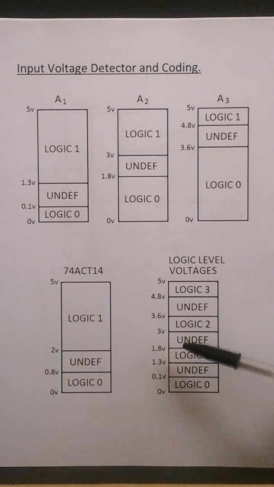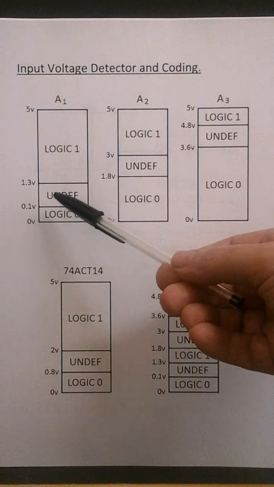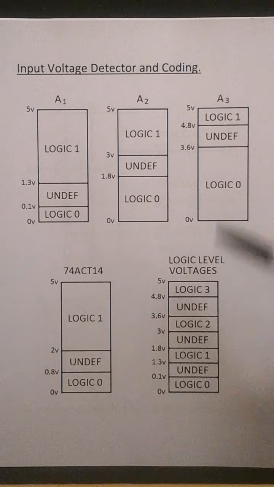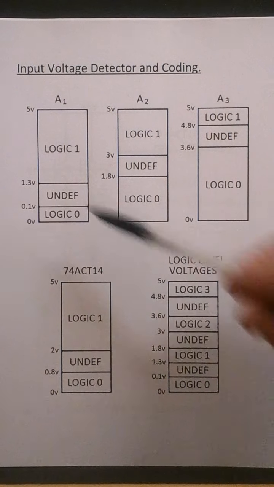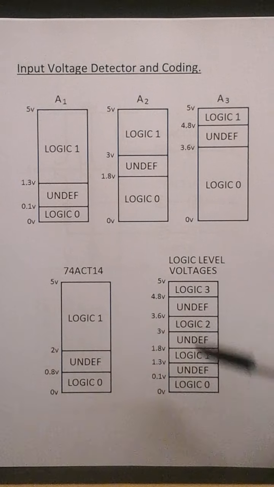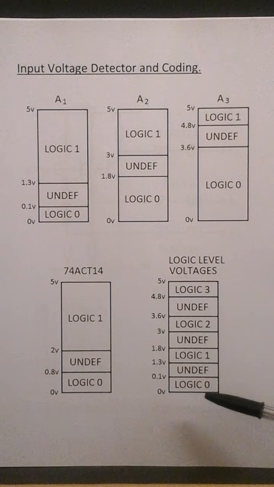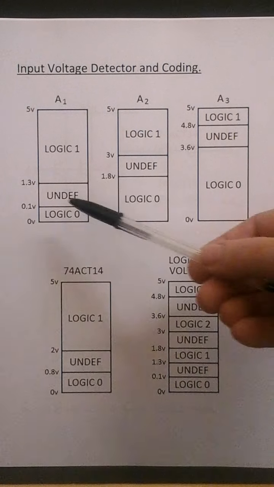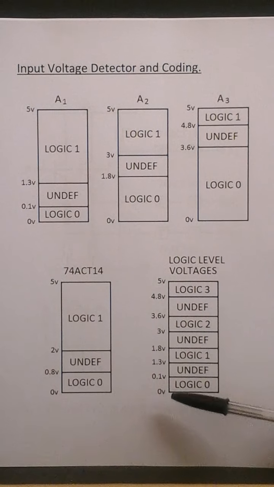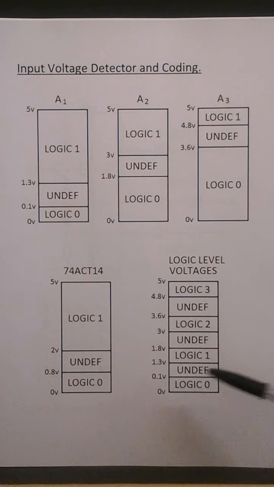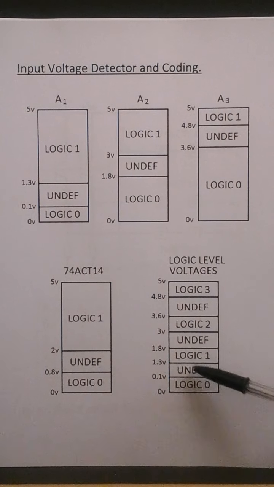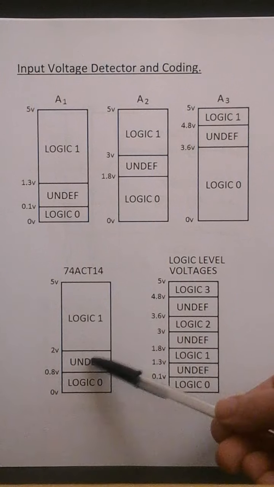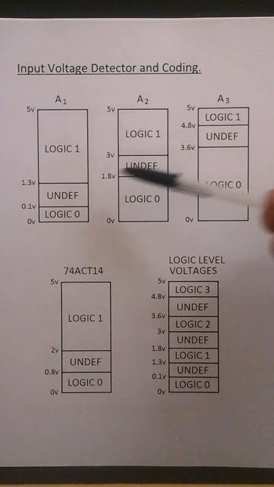Logic 1 is when A1 is a logic 1 and A2 and A3 are zeros, so that's 1.3 to 1.8 volts. And the logic 0 is when all the inputs are logic 0, and that's 0 to 0.1 volts. Undefined voltage regions are in between the logic states, as shown here.